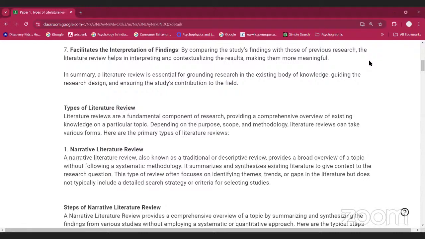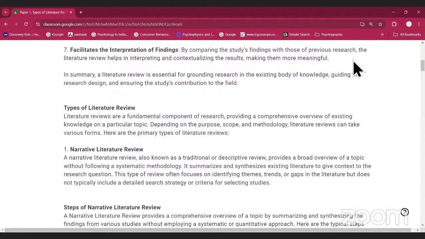Types of literature review. Literature reviews are a fundamental component of research, providing a comprehensive overview of existing knowledge on a particular topic. Depending on the purpose, scope, and methodology, literature reviews can take various forms. Here are the primary types of literature reviews. Number one, narrative literature review.